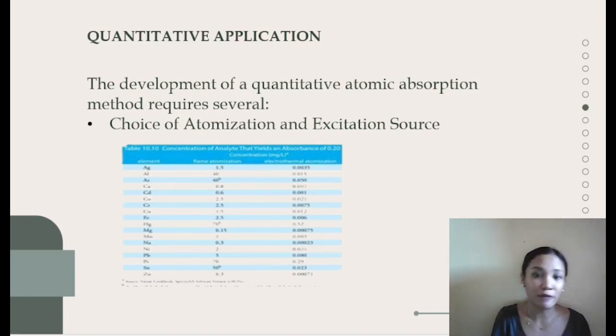On the other hand, if the concentration of our sample is 0.050, then the apparatus we will use is electrothermal atomization. So the choice of atomization and excitation sources will always depend on the concentration of the analyte in our sample.